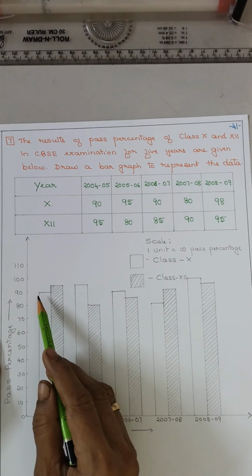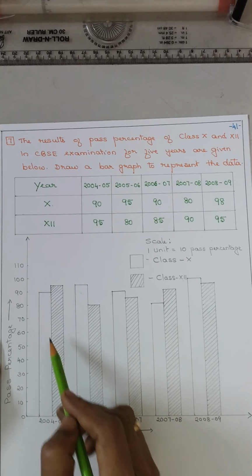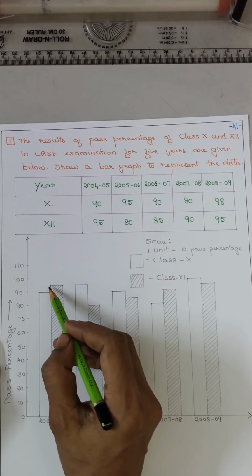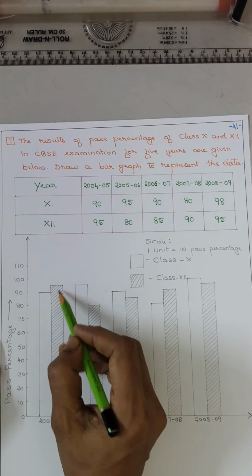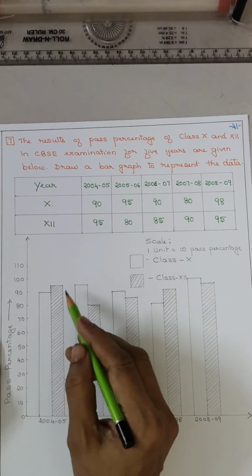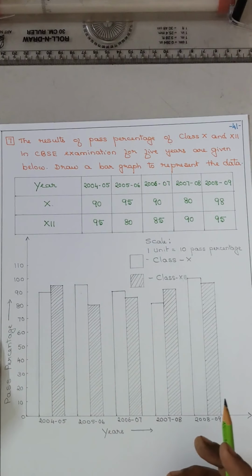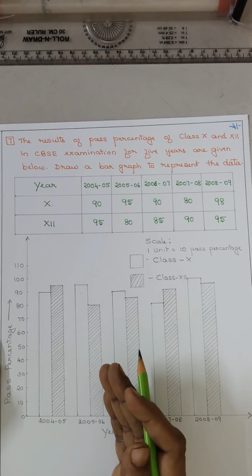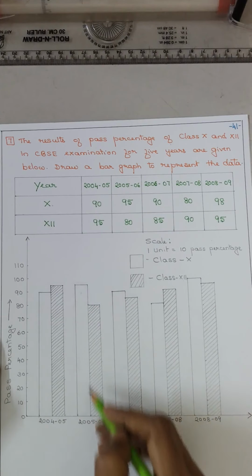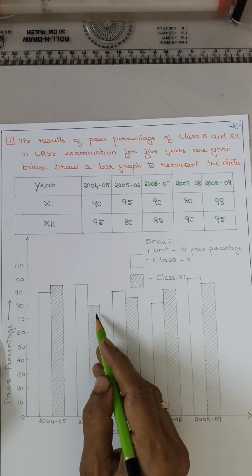So draw horizontal and the box, and then 95. So you have to take it up to 95. Then again the box, and second box has to be shaded. Now leave 1 centimeter gap and draw for the next 95, then 80.